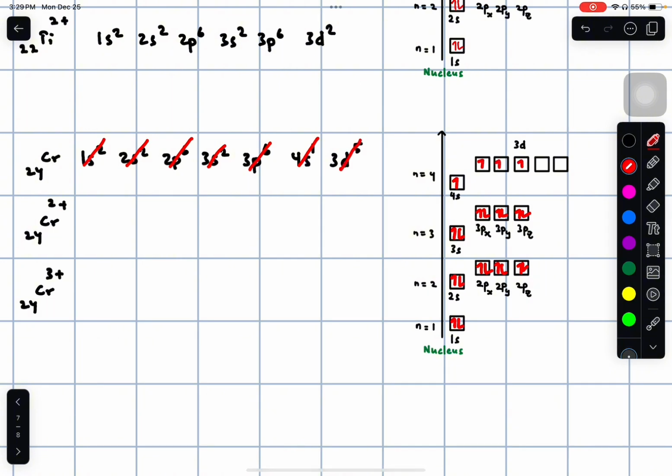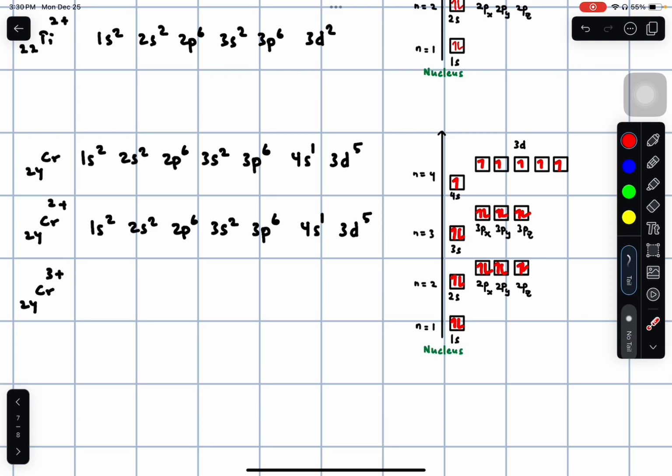Now, if chromium were to become a 2 plus ion, it's going to have to lose 2 electrons. The first electron is going to come out of the 4s atomic orbital, and the next electron is going to come out from the 3d atomic orbital. So I'm going to cross out one electron here and one electron here.